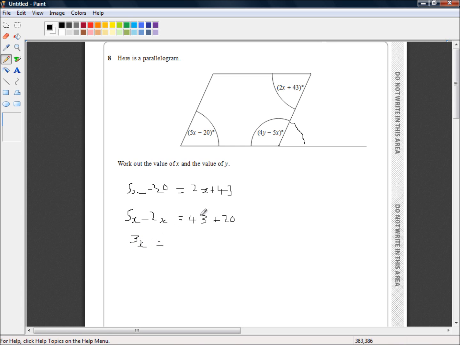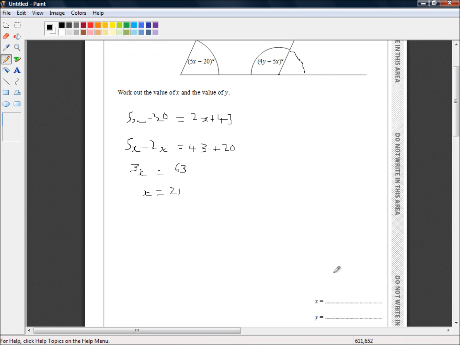And that's equal to 43 plus 20, which is just 63. And that means x is equal to 63 divided by 3. And 63 divided by 3, 3 goes into 6 twice, and 3 goes into 3 once, so that's 21. So we can write that out there.